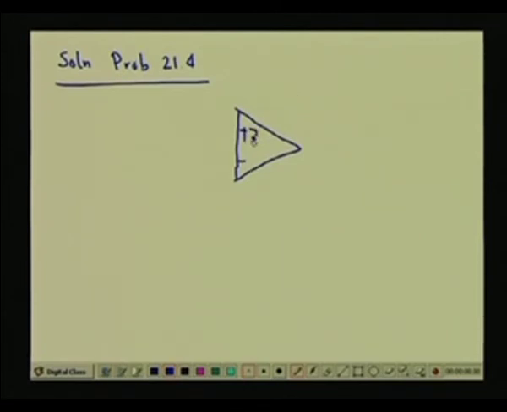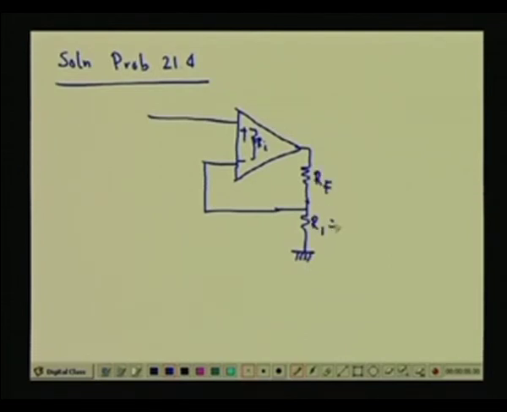It has a very high input resistance, this is Ri, and this signal is coming here. This is Rf and this is R1, 1 kilo ohm, and this is 2 kilo ohm.